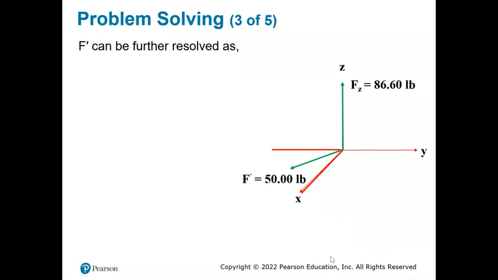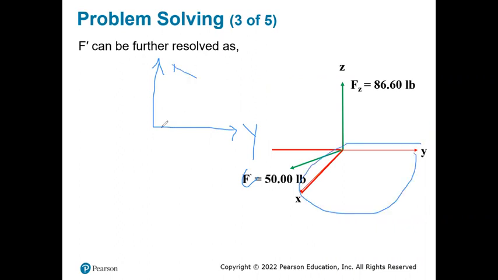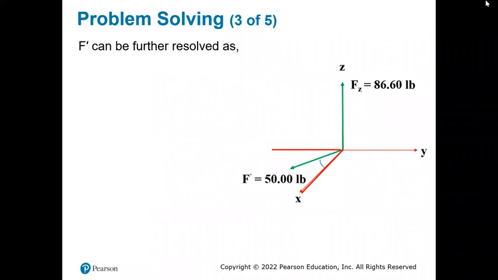Now imagine this F prime as an XY prime. So I'm going to draw here Y and F. I know that my F is acting like that, 50 pounds, right? So I have to resolve that in the X and Y direction, which is what's shown here. I know what angle it makes.